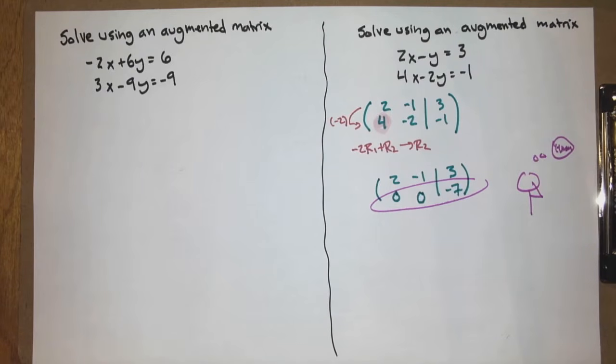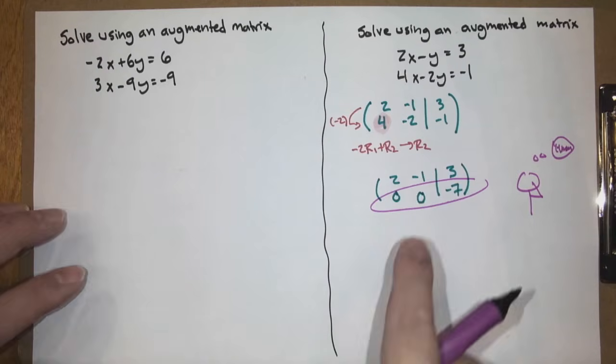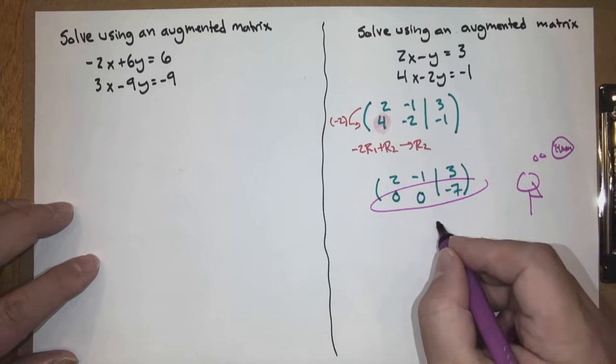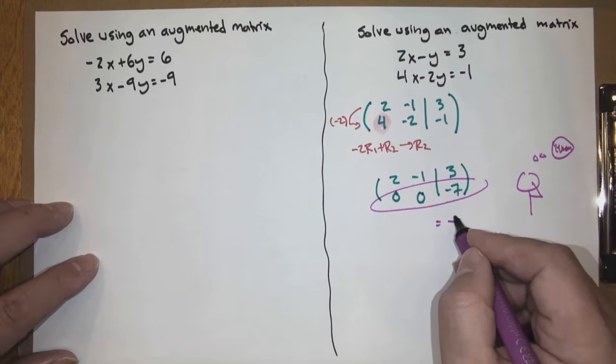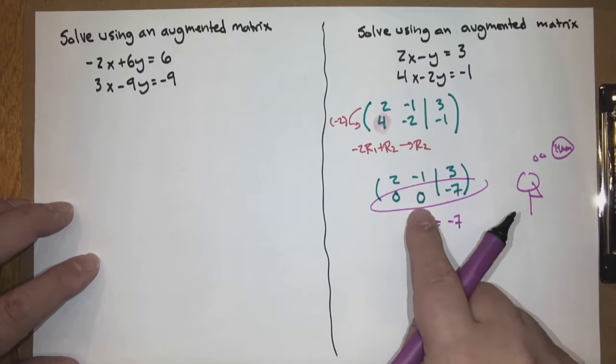You're saying, it says 0, 0, negative 7. But remember, these represent something. A row represents an equation. What does that equation say? This dividing line is an equal sign. The negative 7 on the right is easy. What does the 0, 0 tell you?